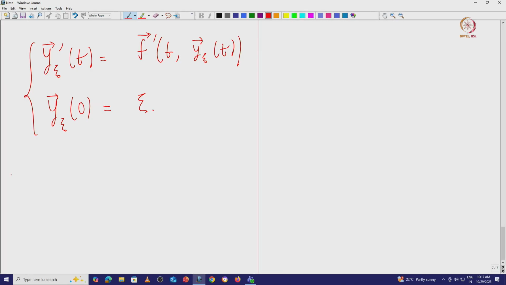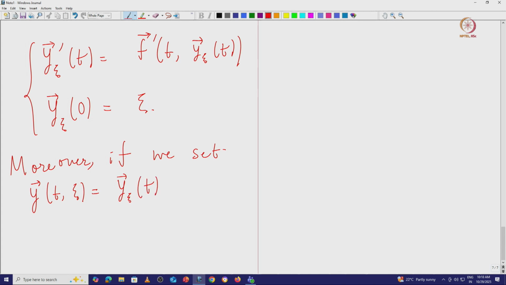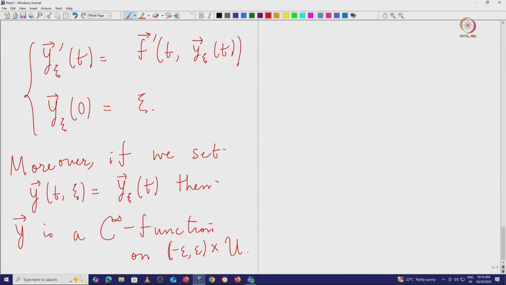Moreover, if we set y of t comma xi to be y_xi at t, then y is a smooth function on this interval minus epsilon to epsilon cross U. So, the point is the following: you have this xi naught.